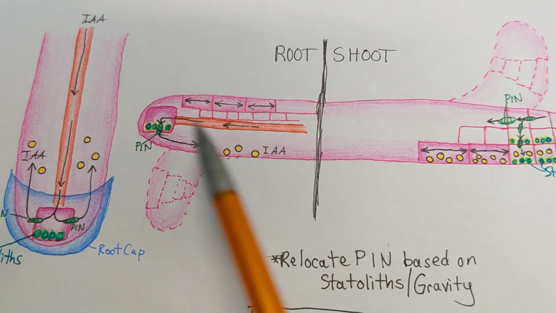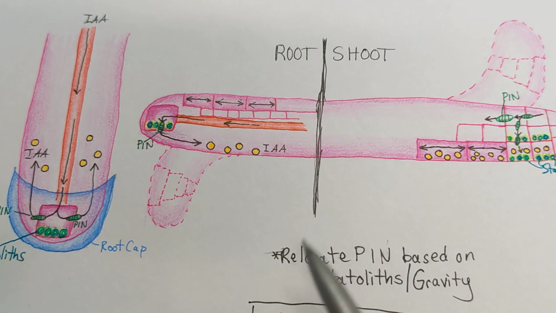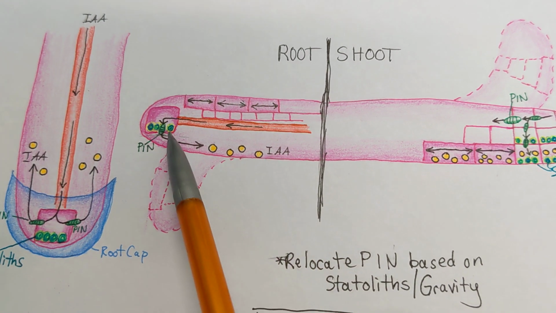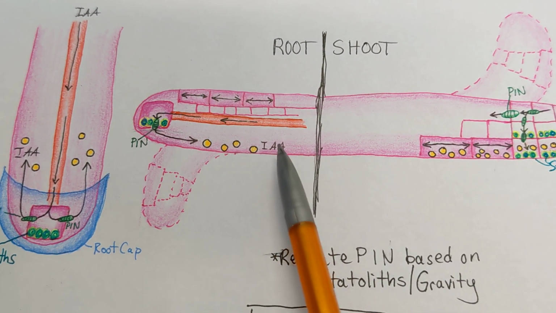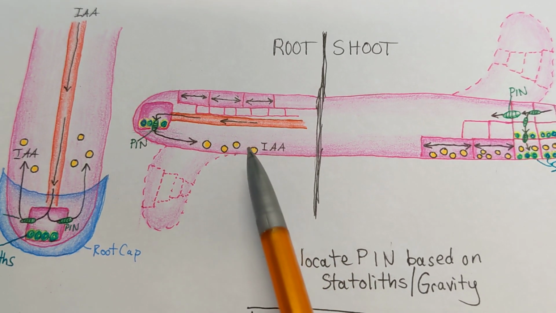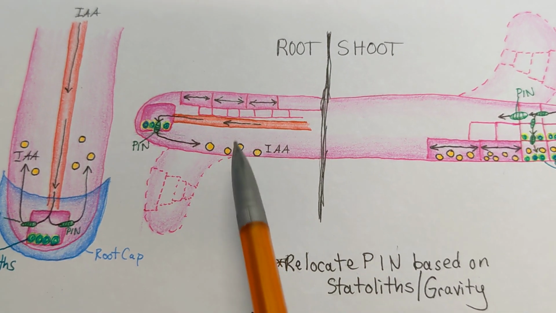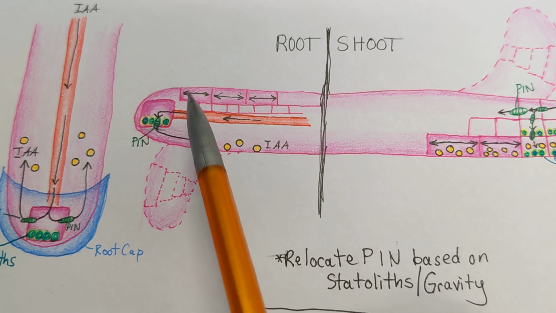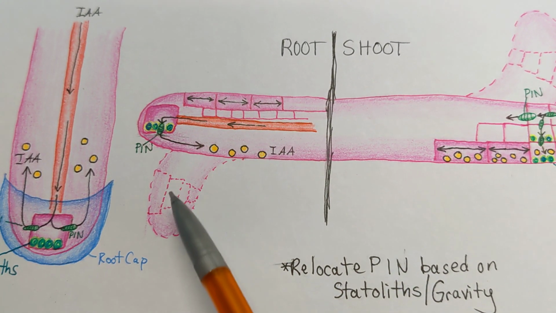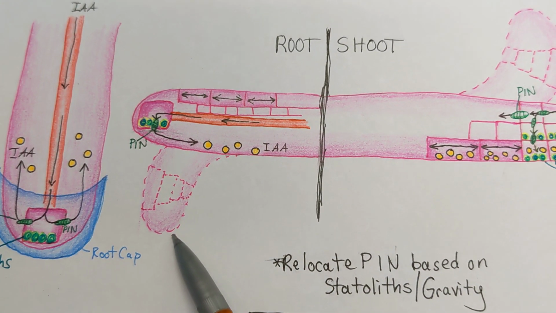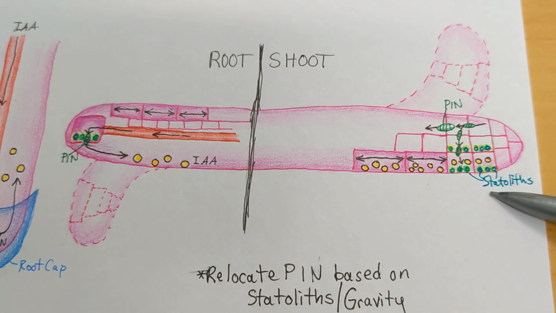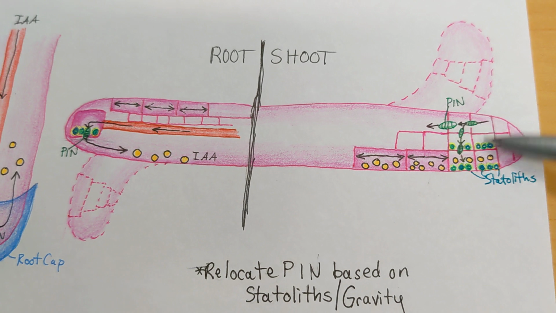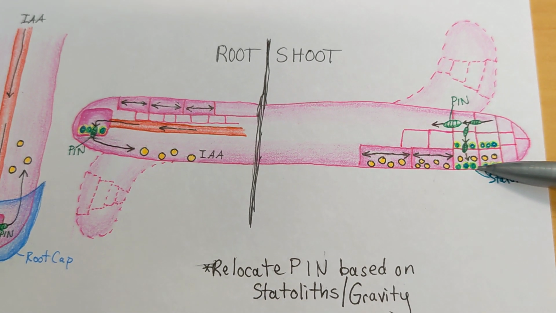When the plant is oriented horizontally, in the root, statoliths are going to redirect auxin distribution to the bottom of the root, which is going to inhibit growth on the bottom and allow growth on the top, therefore inducing positive gravitropism. In the shoot, we experience negative gravitropism, so statoliths again descend to the bottom of the cell.